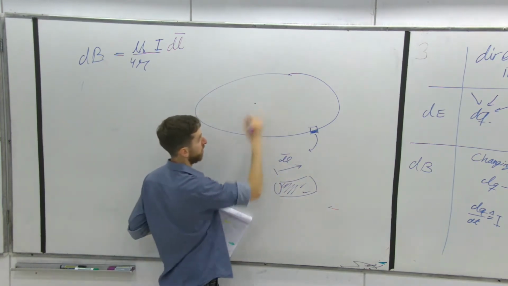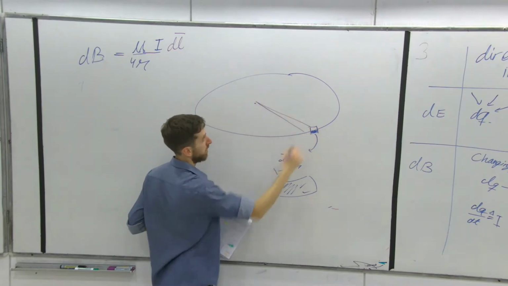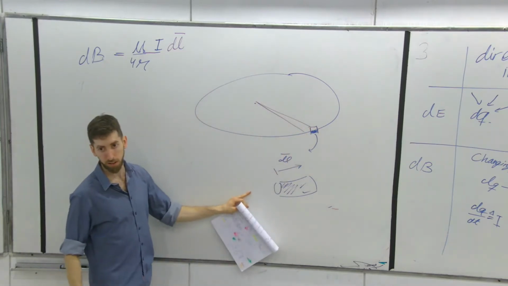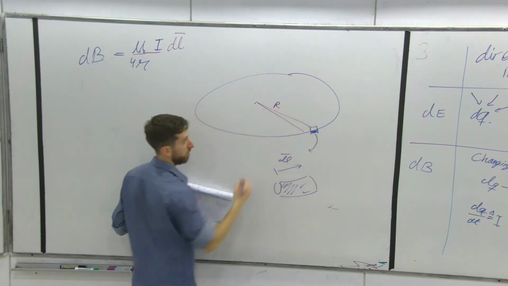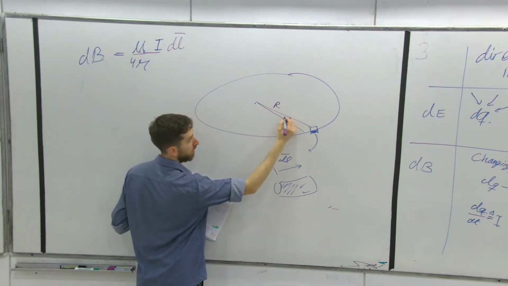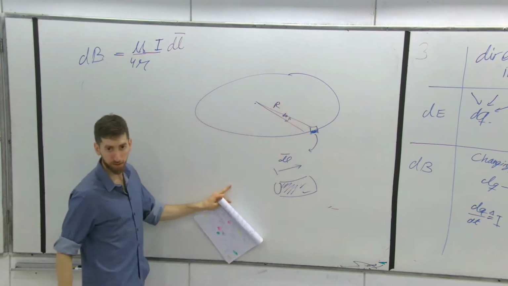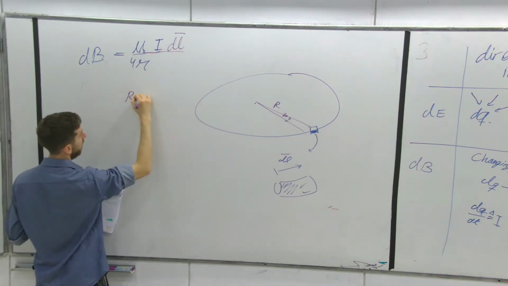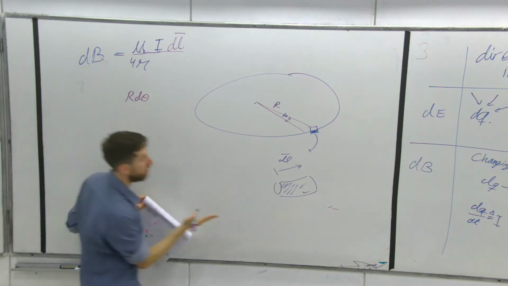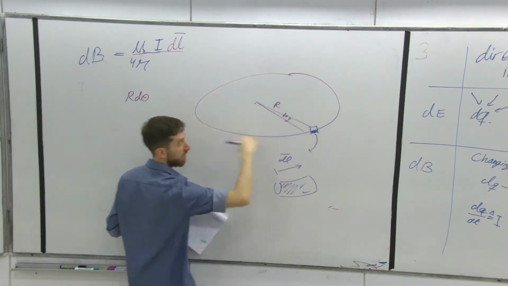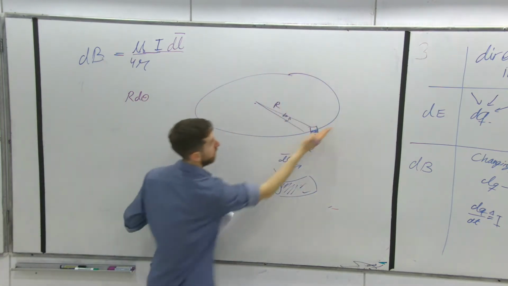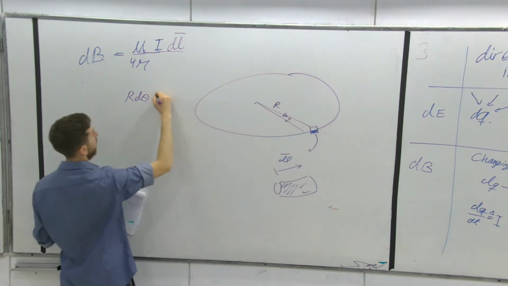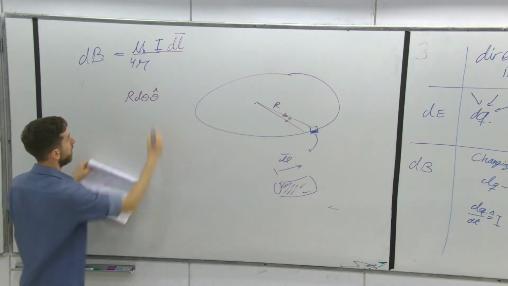If this is a ring, I can give it the radius R and a small change in the angle, d theta, and this is a vector. The direction is tangential, going in this direction.